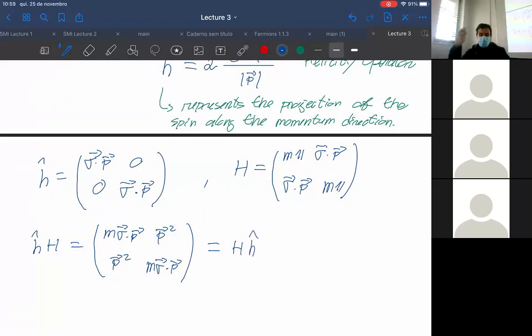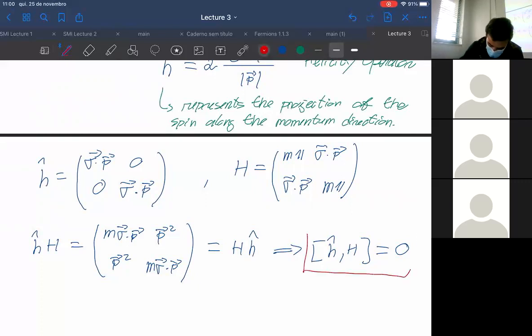So the mass just goes from one side, commutes without any trouble. So it follows that the helicity and the Hamiltonian commute. These two operators are compatible.